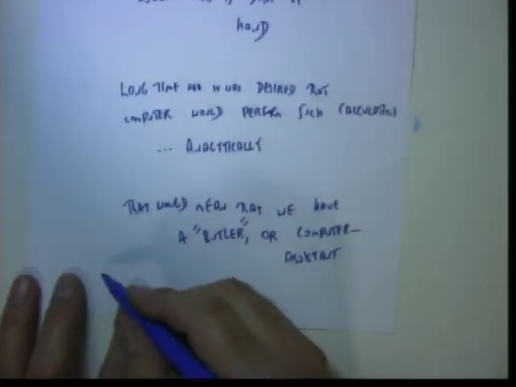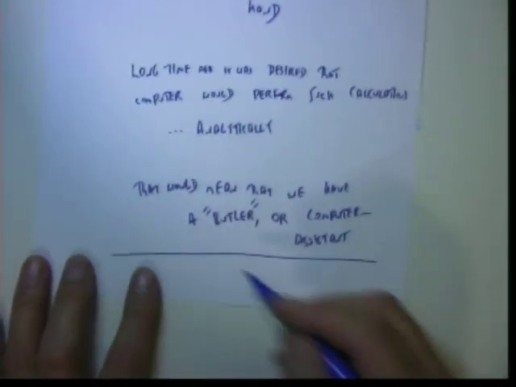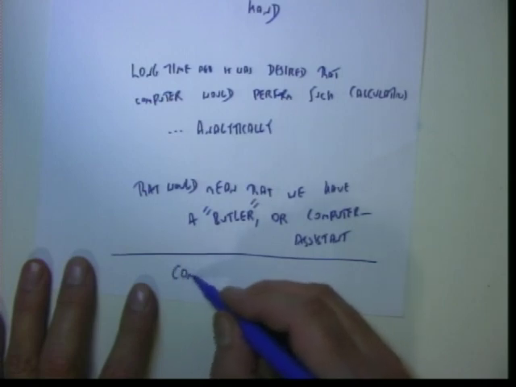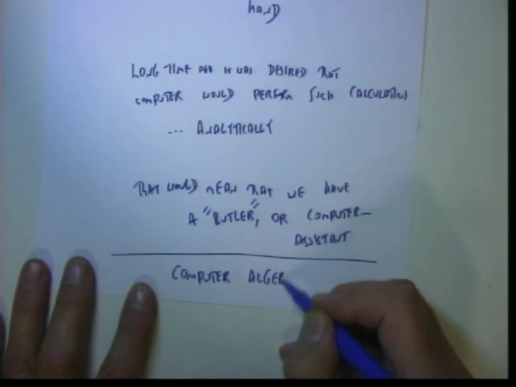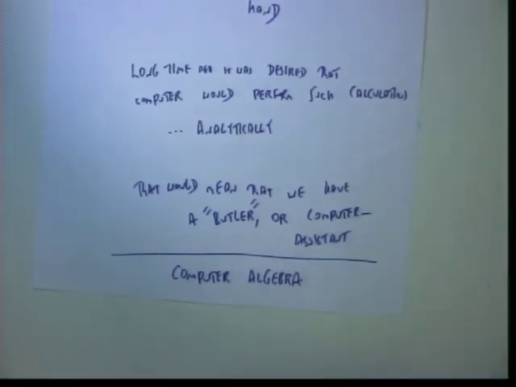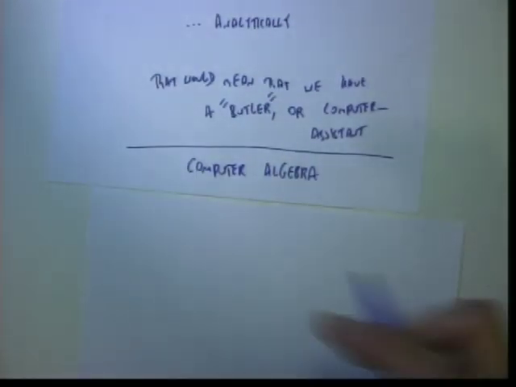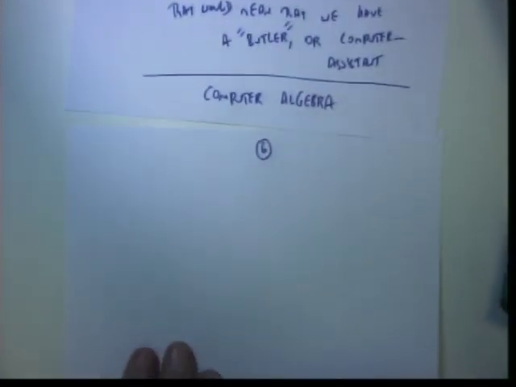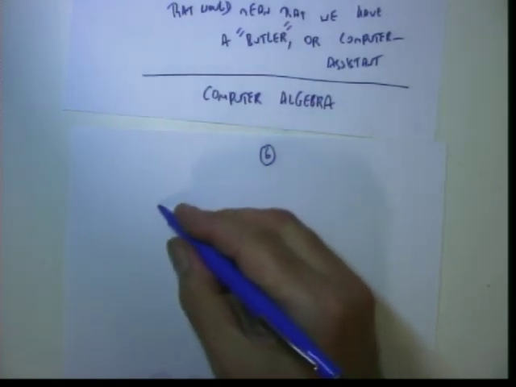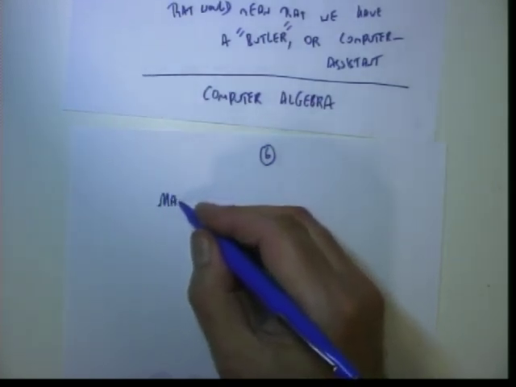So probably most of you do know, but not all of you know, that there are such computer systems that are called computer algebra. There are many programs, and I will just write down the most popular ones.